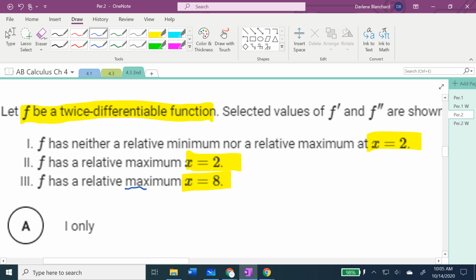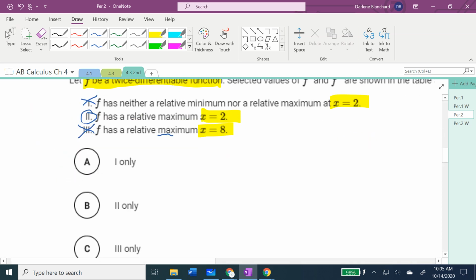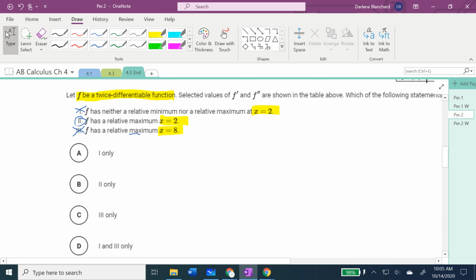We found that x equals 2 has a relative maximum. X equals 8 had a relative minimum, not a maximum. And number 1 is trying to say that 2 does not have a relative minimum or maximum, and that contradicts the second one that we already found. So 2 only is the correct answer, which would have been letter B.